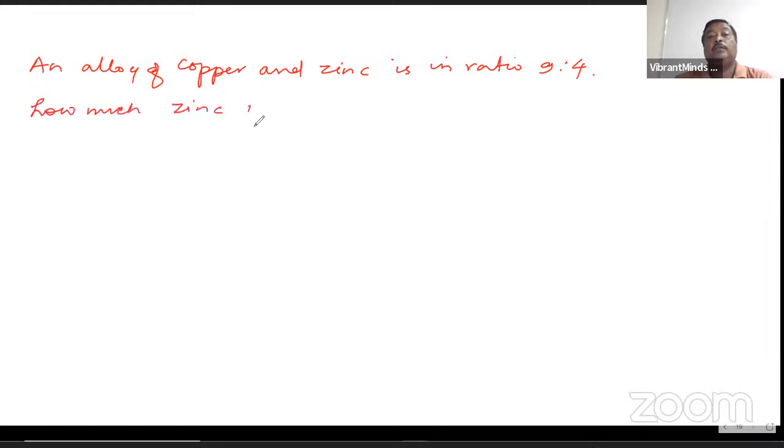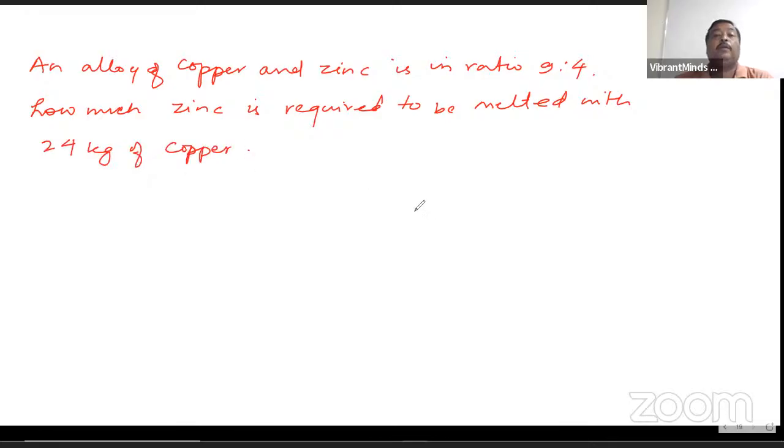How much zinc is required to be melted with 24 kg of copper?